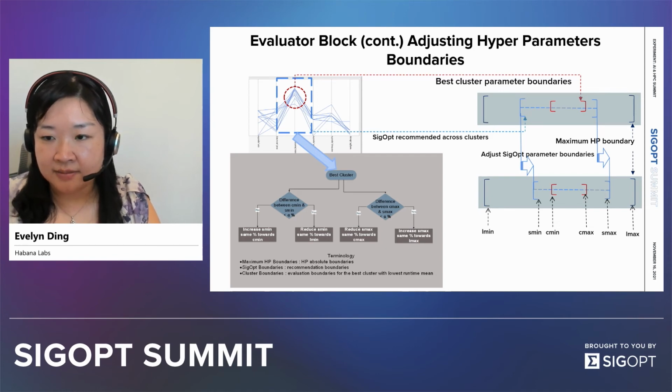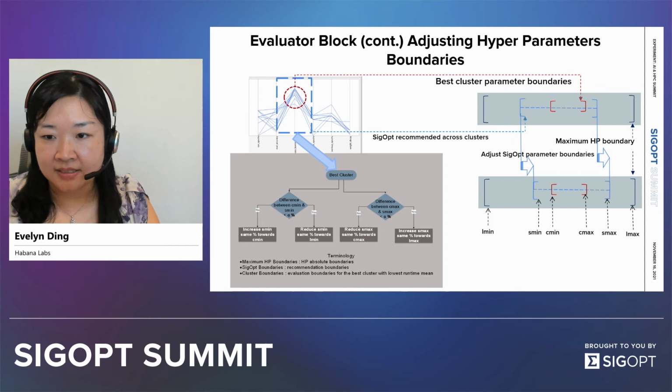If the difference is less than alpha, which is a hyperparameter we are using, for example 30%, then we move the upper boundary of the SigOpt boundary towards the maximum hyperparameter boundary, towards the right.